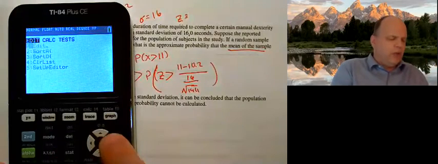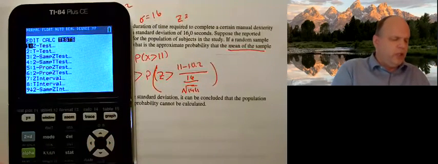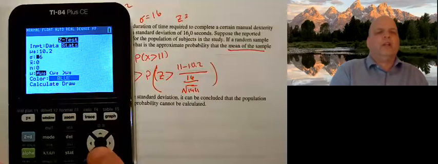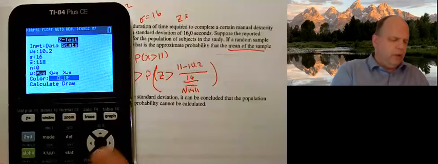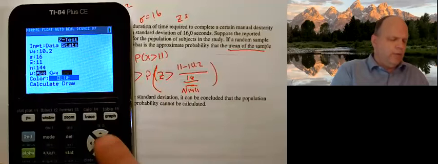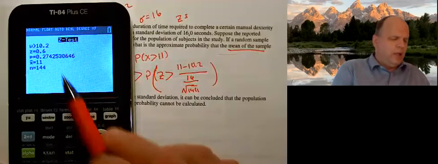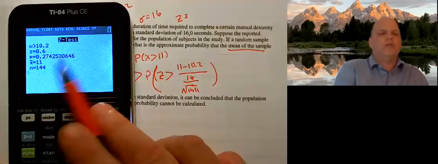So stat test, z-test, mean of 10.2, standard deviation of 16, X bar is 11, my sample size is 144, and we're looking for the probability of it being greater than, so I need to make sure I have that highlighted. And I end up getting a p-value of about 0.27.